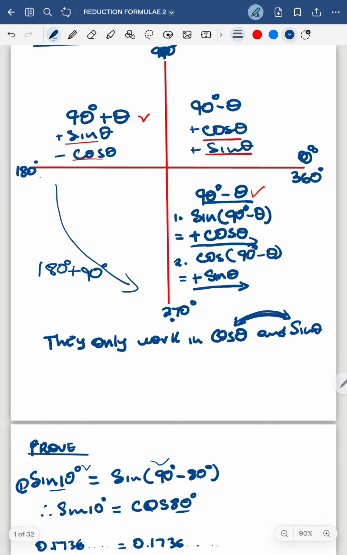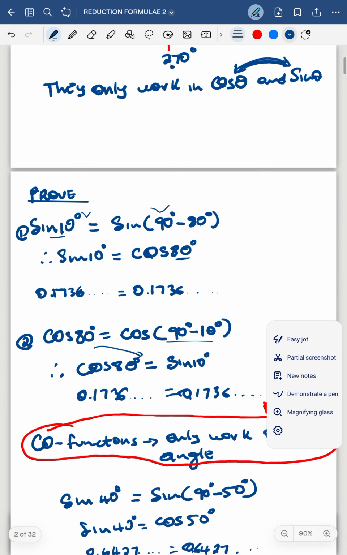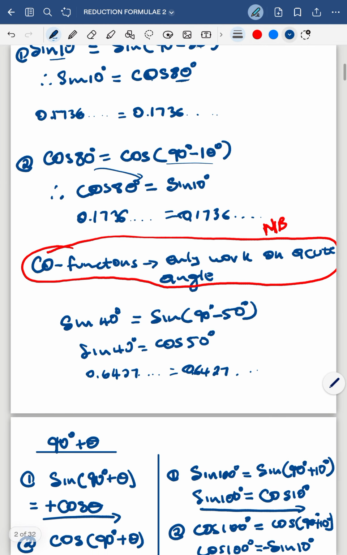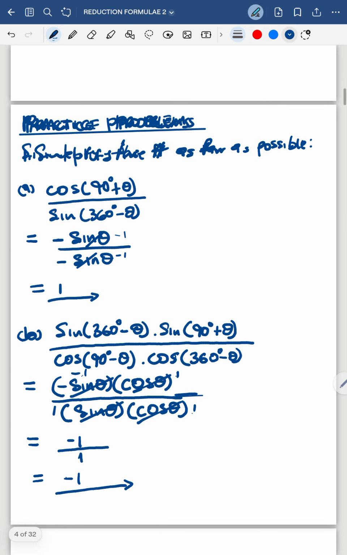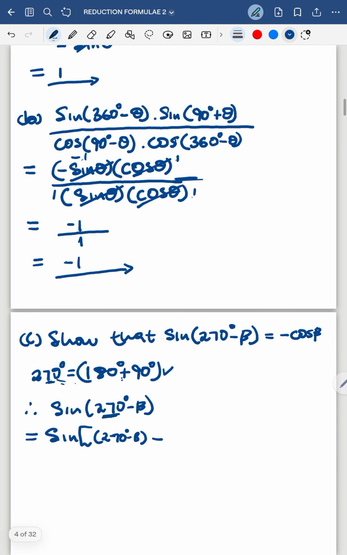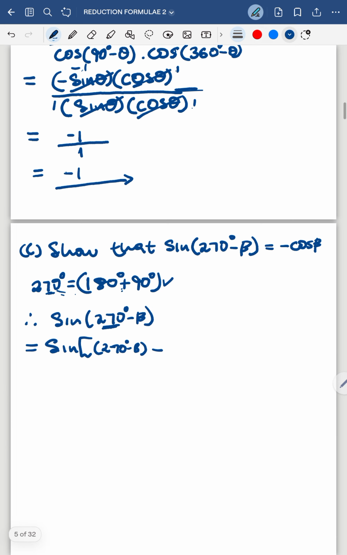So I'm saying now, we need to replace this 270 with 180 degrees plus 90 degrees.